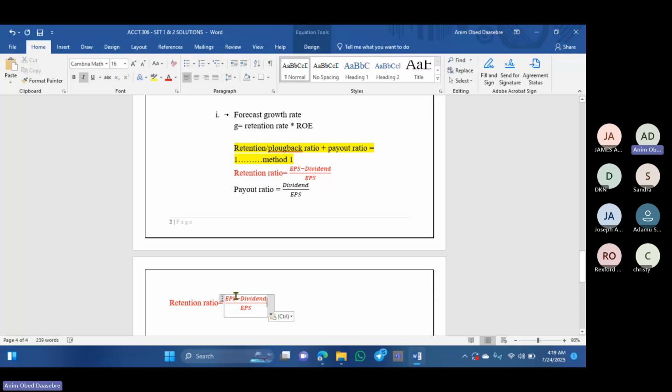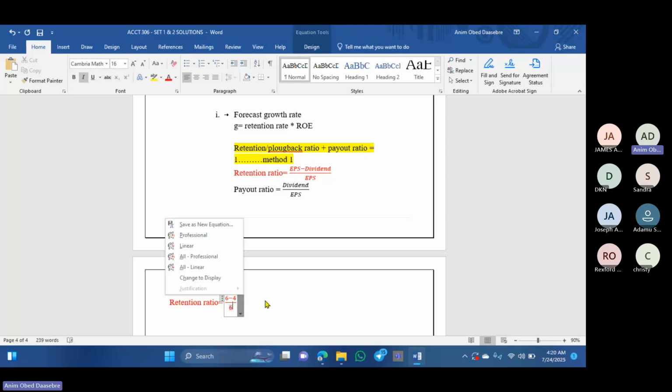So dividends is 4 and earnings per share is 6.